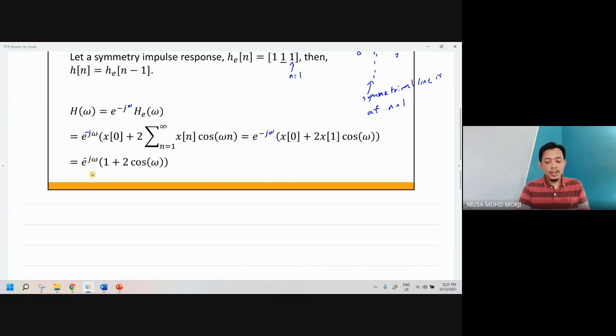But this kind of imaginary value we can handle easily. Rather than expand it into a cos and then minus j sine omega, we don't have to do that because we can manipulate it better using some tricks.